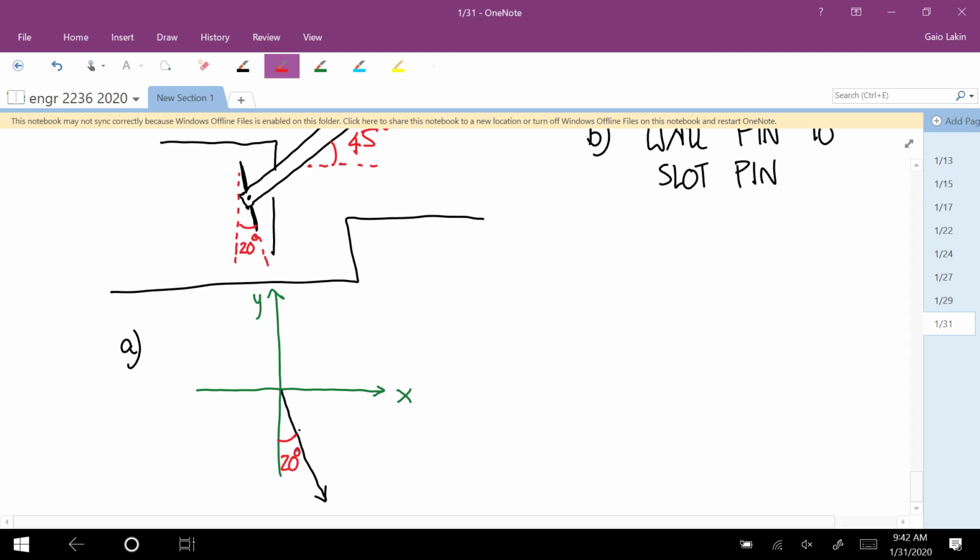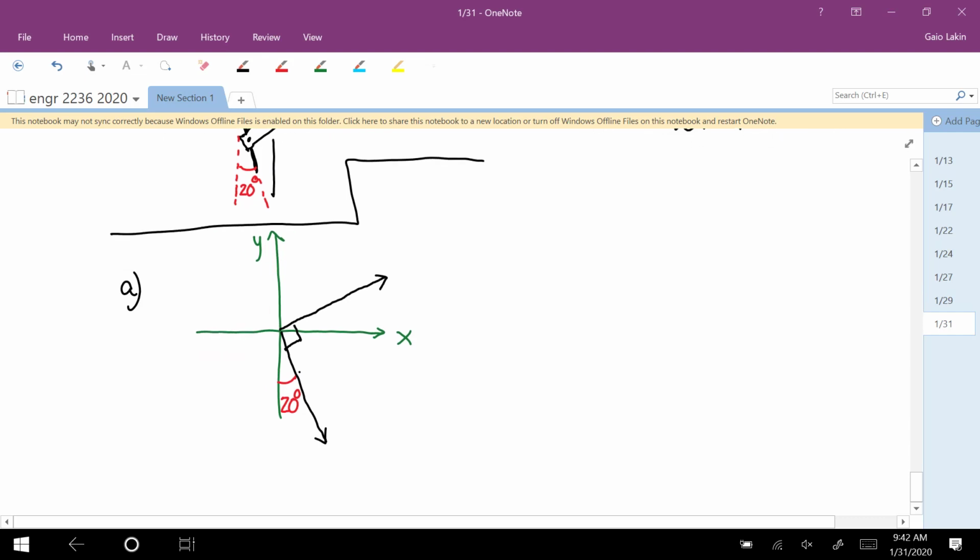And now the vector that we're looking for makes an angle of 90 degrees with that one. Okay, so starting at the positive x-axis, what angle do we have to use to get to this one? Yeah, 290 or negative 70.